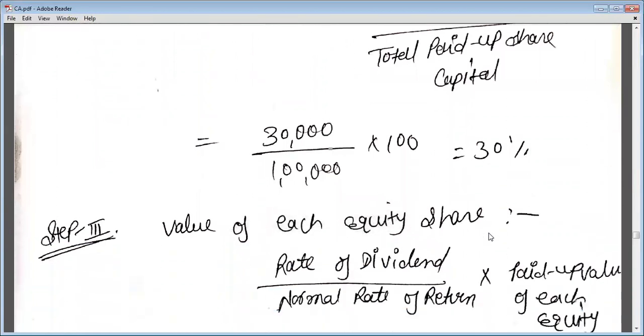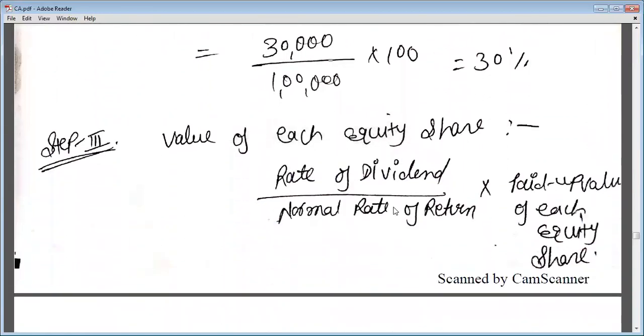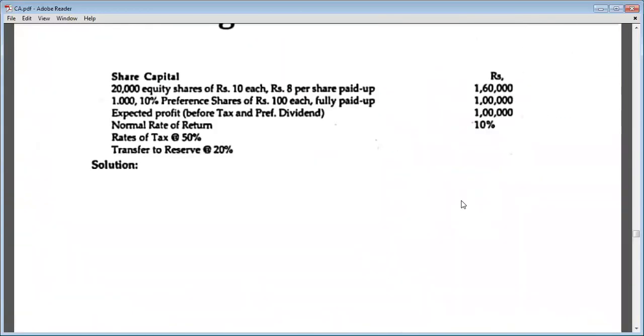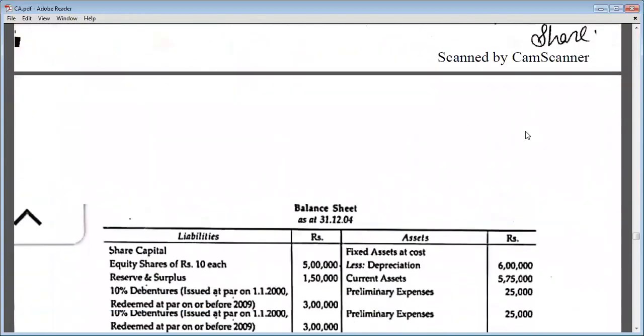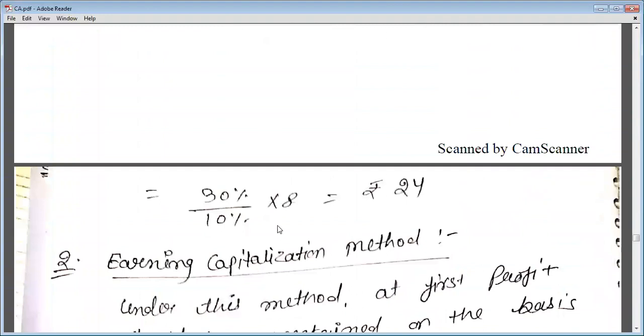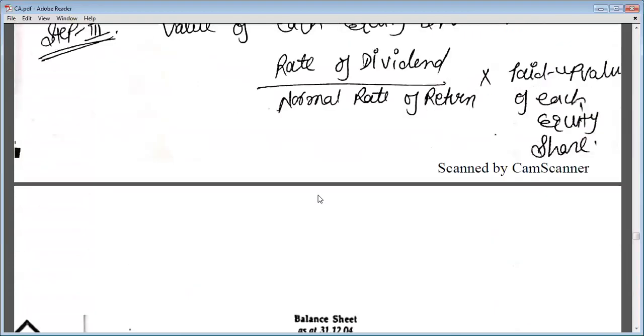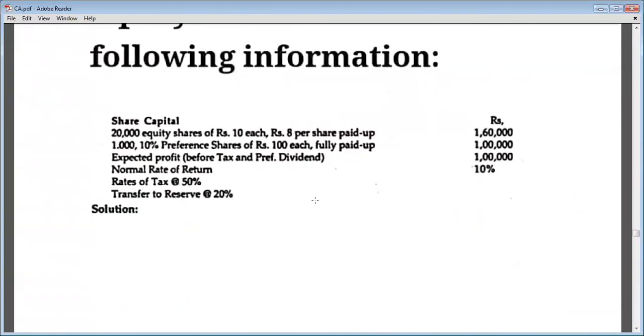Now in the third step, we will calculate the value of the equity share. The rate of dividend is 30%. The normal rate of return is specifically mentioned in the question as 10%, and the paid up value of each equity share is 8 rupees, as specifically mentioned in the question.